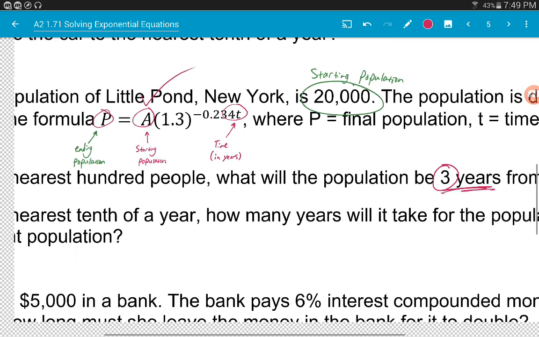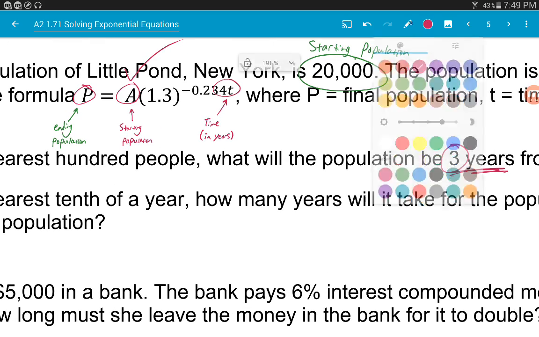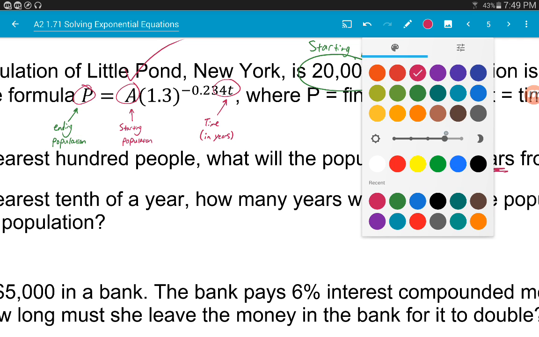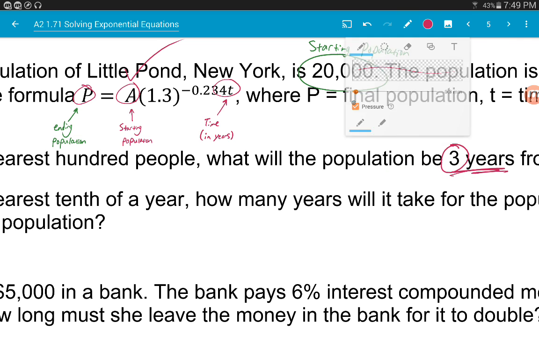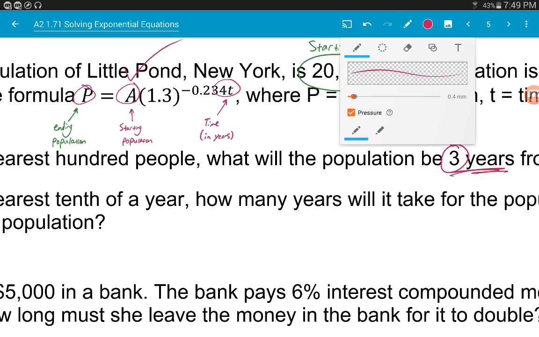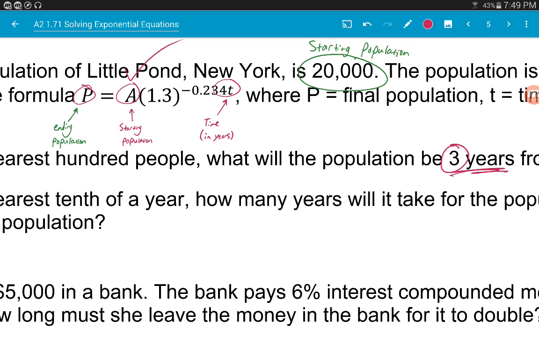So I'm just going to write this here because I'm going to pull it over to my loose leaf anyway. Okay. So they're telling me that they want the ending population when the starting population is 20,000.